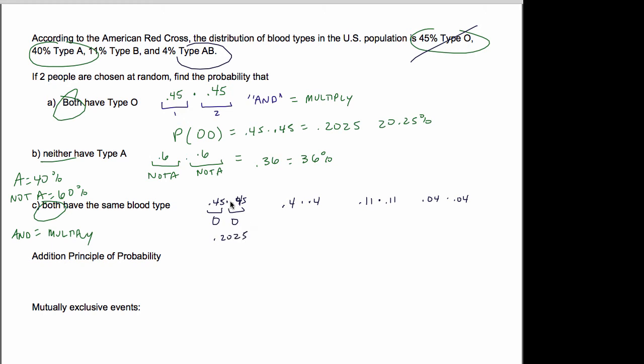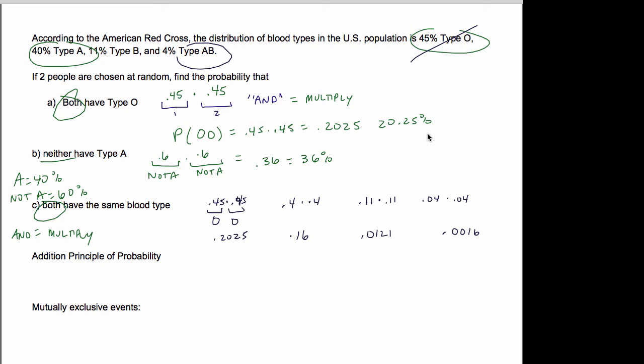But it also could be AA, which was 0.16, because when I multiply 0.4 times 0.4, I get 0.16. And I could also have 0.11 times 0.11, which is 0.0121. It could be that also. Or it could be 0.04 times 0.04, which is 0.0016, which would be really rare because that would be less than a 1% chance.